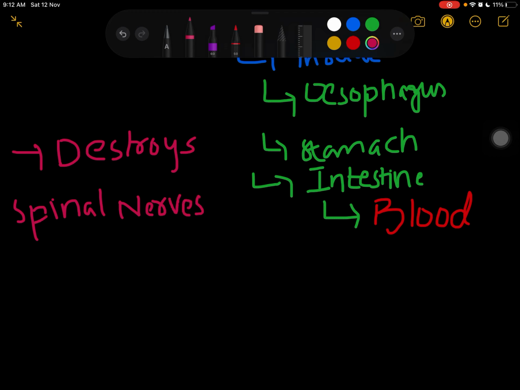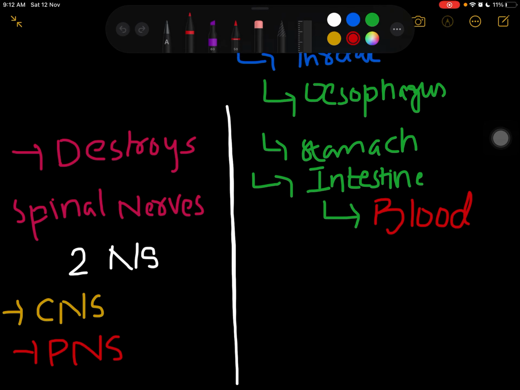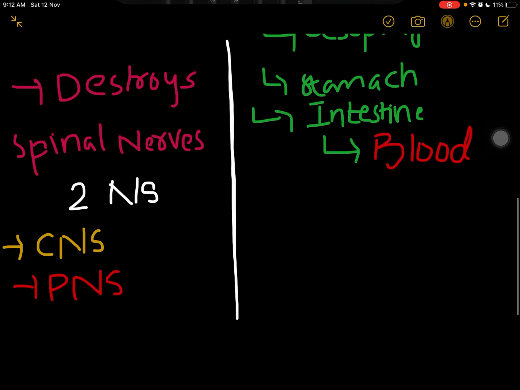Basically, how many types of nervous system do we have? We have two types of nervous system, right? Number one is the central nervous system, CNS, and second is the peripheral nervous system, PNS.